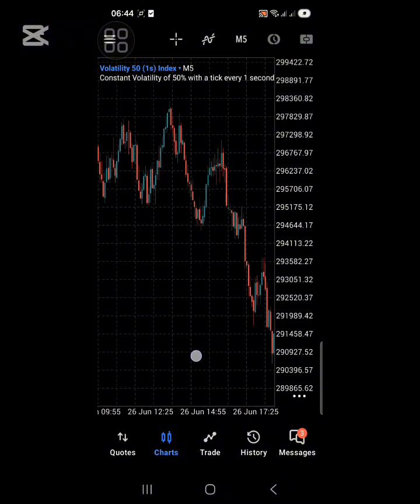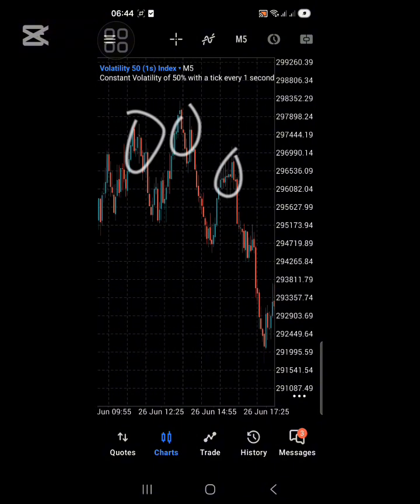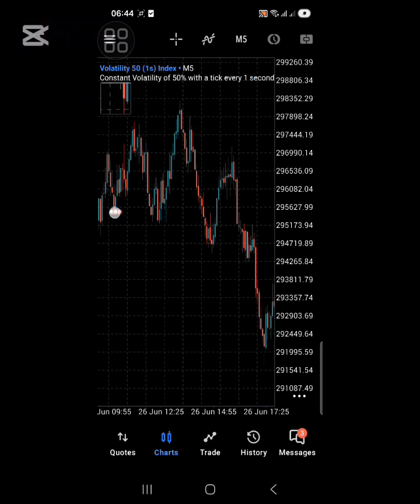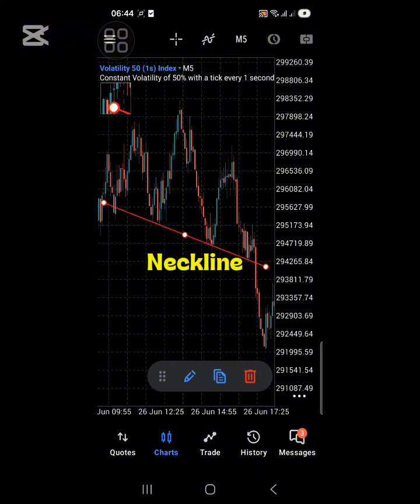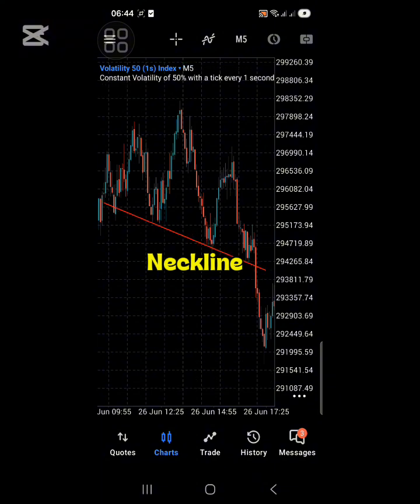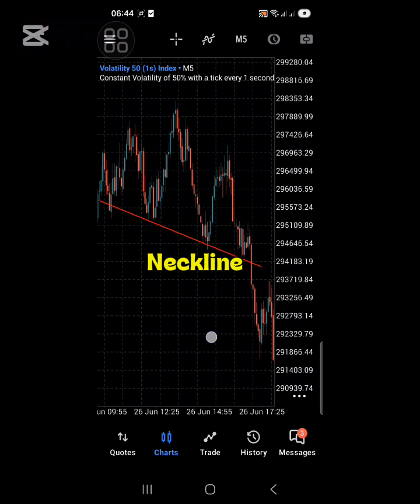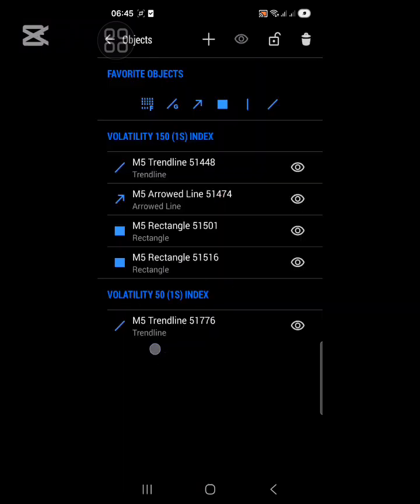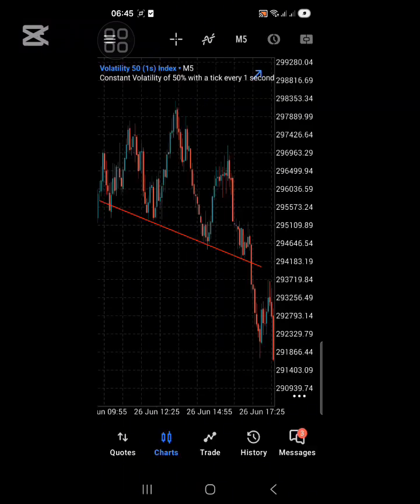So let's look at yet another example. In this case, the market was in an uptrend. I identified the peaks, the left shoulder, the head, and the right shoulder, and I connected my neckline from the swing lows of those shoulders. As you can see, there's my neckline, and from there you simply wait for the market to react to your neckline.